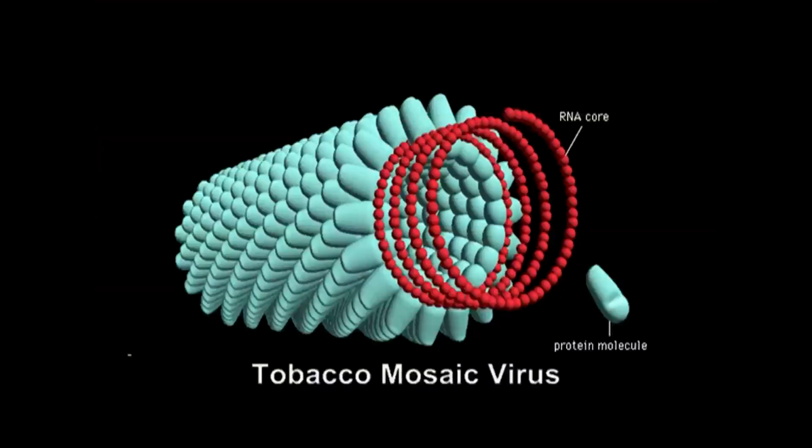Then we could also acknowledge the contribution by Stanley in 1935, who for the first time crystallized a virus, and the first crystallized virus was tobacco mosaic virus. Crystallization of the virus helped us look into the structure of the virus.